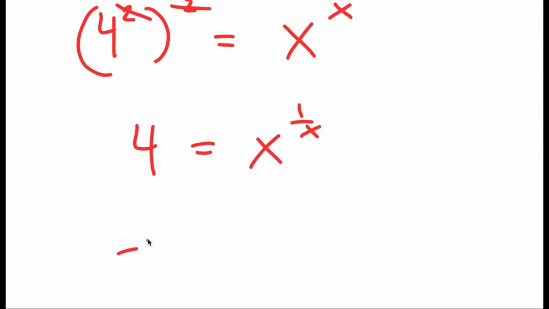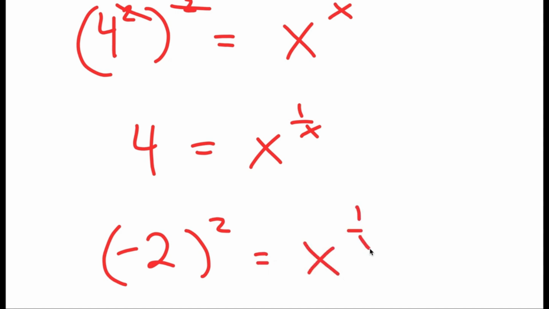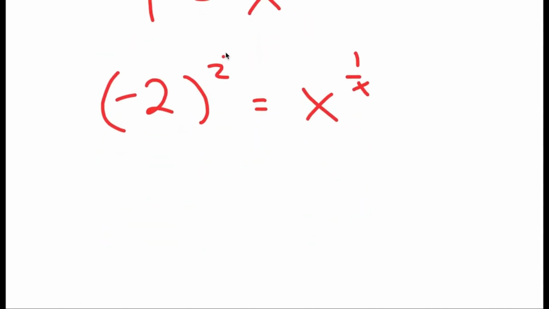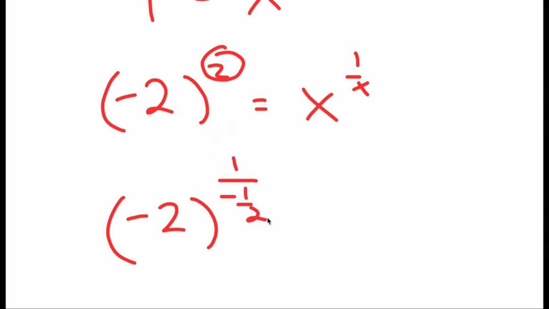Now 4 is the same thing as negative 2 squared. And 2, our exponent here, I can rewrite as 1 over negative 1/2. And I have this times negative 1. So I have 1 over negative 1/2 times negative 1.